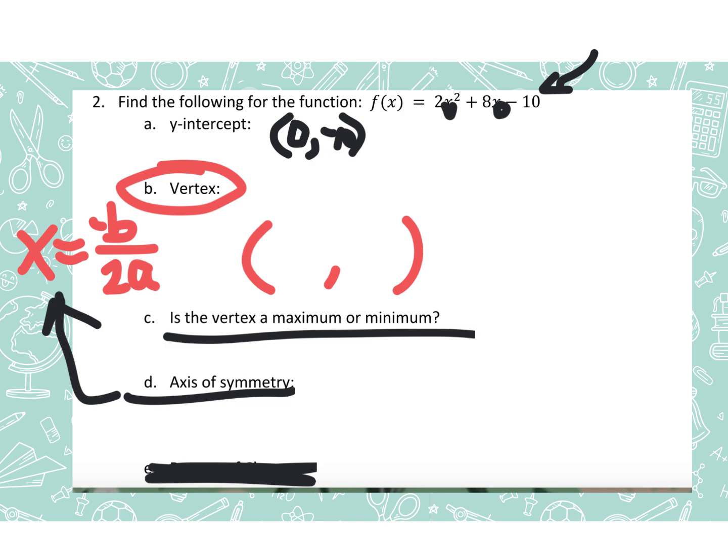All right, if you were stuck on the negative b over 2a, it's probably just because you're not sure what a and b are. Negative b is negative 8. 2a is 2 times 2, which I'm just going to put 4 there, because that's what 2 times 2 is.